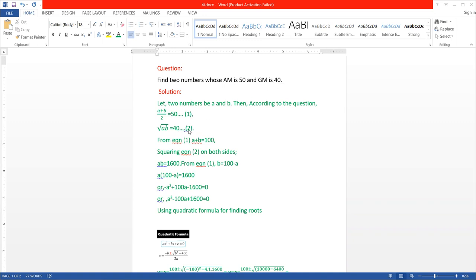We are calling these equation 1 and 2, so that it should be comfortable for us to assume the equations with their own identification and solve. So from equation 1, we can get A plus B by cross multiplication as 100. And squaring equation 2 on both sides, we get AB equals 1600.